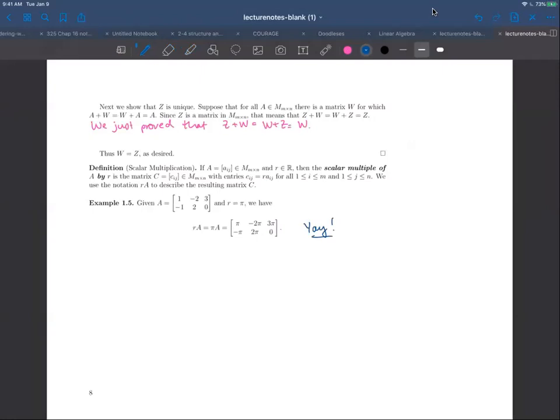So similarly, if I wanted to say, okay, what's the 1, 2 entry of RA, I can use the brackets to pull that out, and I get -2 pi, right? And I could talk about row 1 of RA, and that would be the matrix pi, -2 pi, 3 pi, or column 1 of RA, which gives me a height 2 vector, pi, -pi.